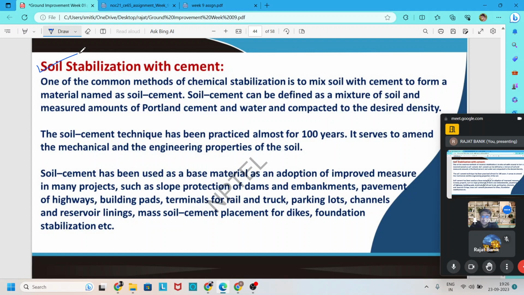That means these are the different applications of soil cement. You can see that it has a wide range of applications, like stabilizing the slope of a dam and pavement of highways. In different ways, soil cement is used, and it is very popular to stabilize the ground.